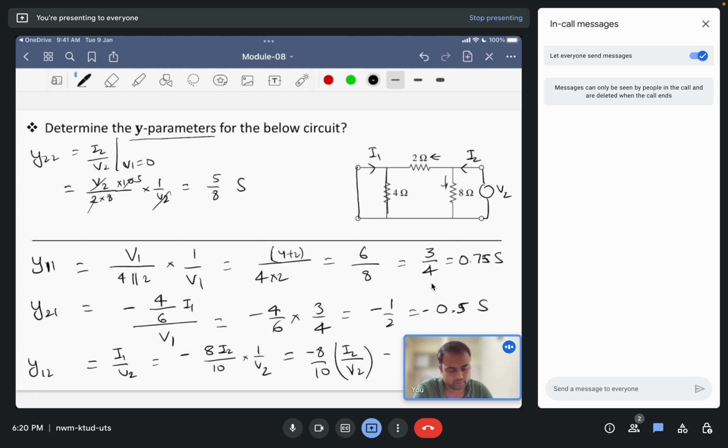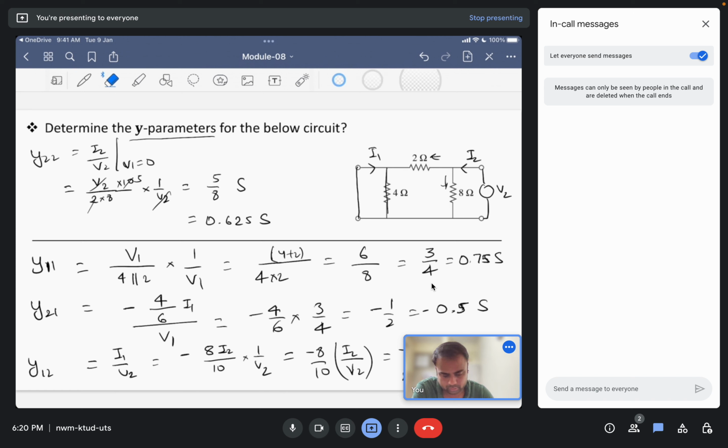Now let us substitute that value here: minus 8 by 10 into 5 by 8. The 8 goes, and 5 and 2 give again 0.5, so minus 0.5 Siemens. 5 by 8 is 0.625. So therefore we have all the parameters.